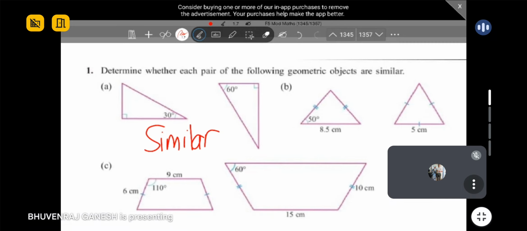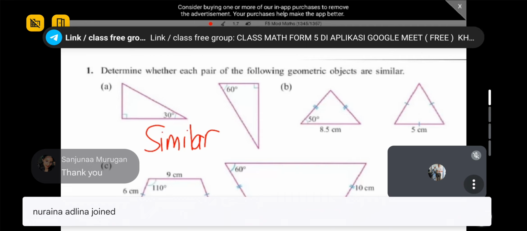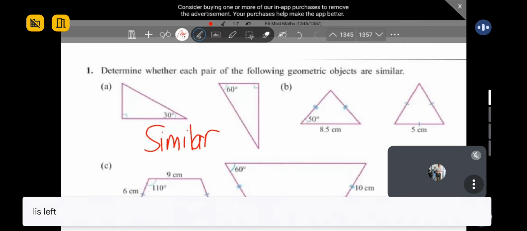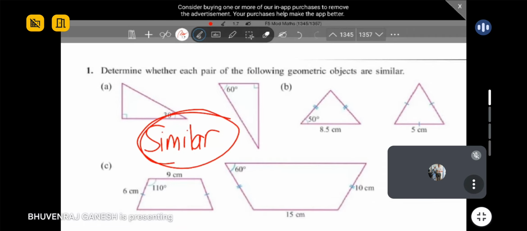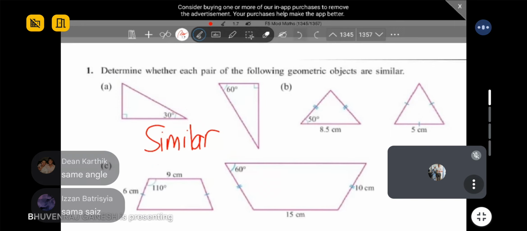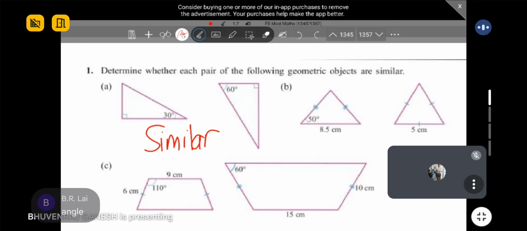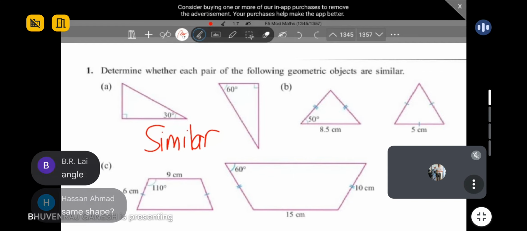Okay guys, so what is the reason? It is similar. Mengapa dia serupa? Bagi sebab. For those take English, you answer in English. Why is it similar? Mengapa dia serupa? More specific, same angle refer to which angle? Same size. Okay. Actually not really same size, you know.